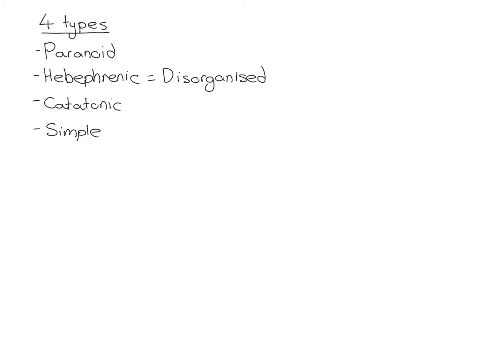So disorganization in thought. So loosening of associations is one of the major ways in which disorganization manifests. So for instance, they might have quite severe flight of ideas. When you're talking to them, they might be jumping from idea to idea to idea, and it doesn't seem to make much sense.